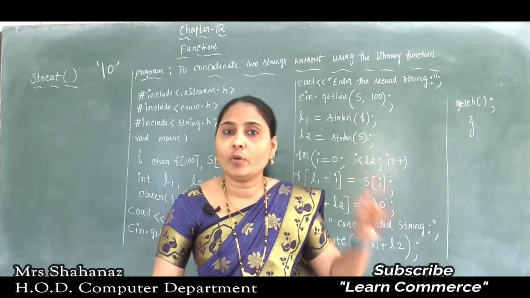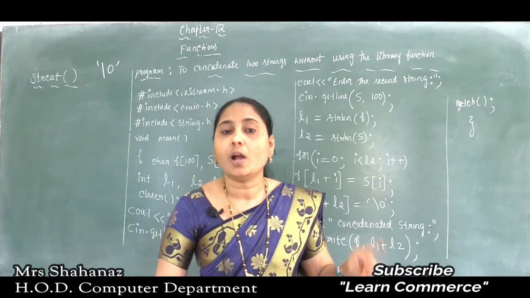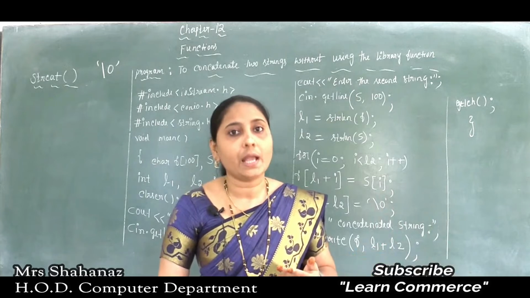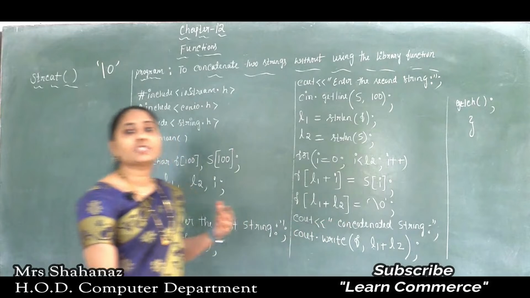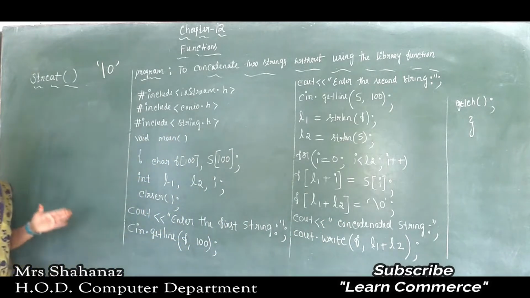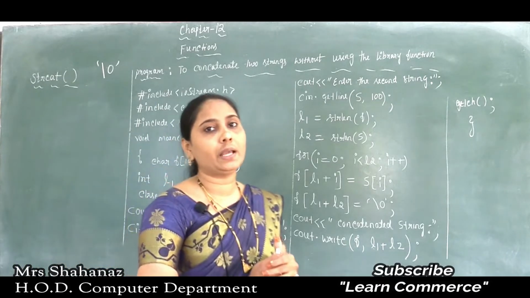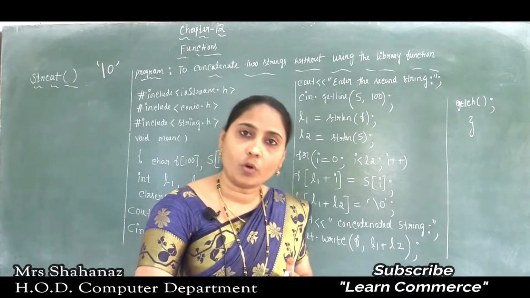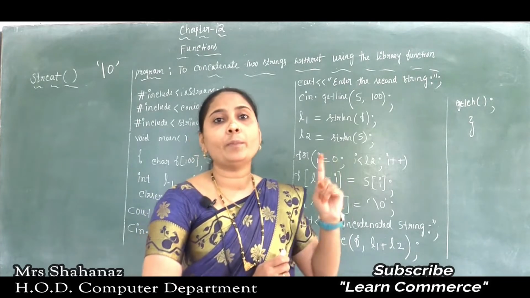And in simple words, C++ provides many functions to manipulate strings. To use any function in a program, we need to use the header file, which is string.h. Each character of a string takes 1 byte only.